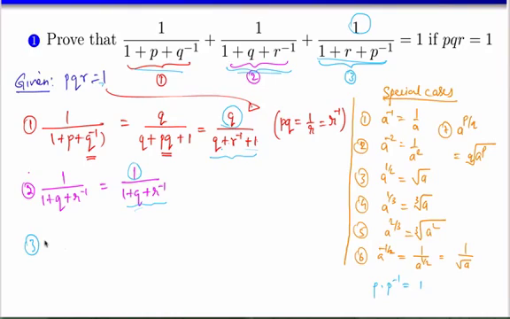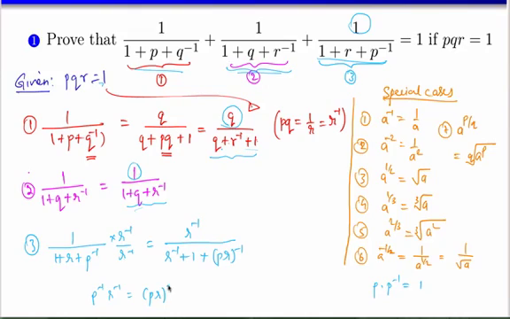So in the third term, what I do is I have 1 upon 1 plus r plus p raised to minus 1. I multiply by r raised to minus 1 above and below to get r raised to minus 1 here, and below it will become r raised to minus 1 plus 1 plus pr raised to minus 1, because it is r raised to minus 1 into p raised to minus 1 into r raised to minus 1.